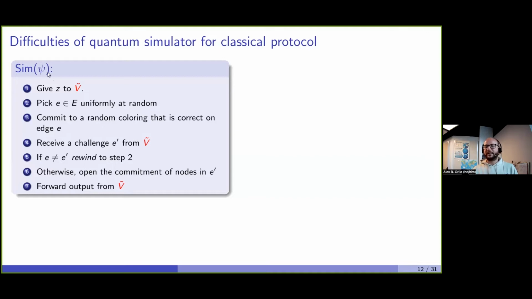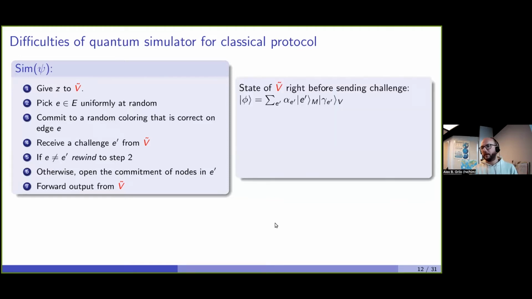So let's take the same simulator and assume that V is quantum.